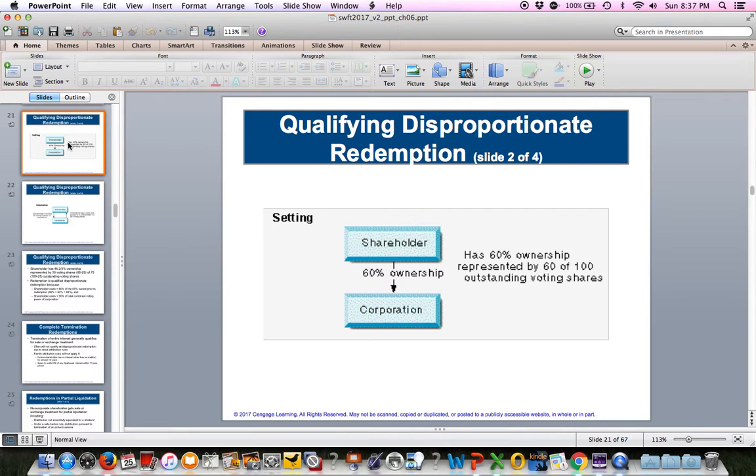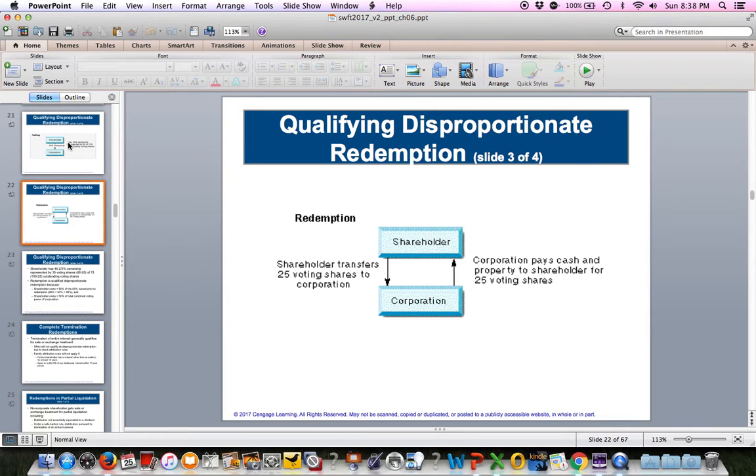So here we have the shareholder with 60% ownership, represented by 60 of 100 outstanding voting shares. So just an example of how you would determine the percent of ownership. And then the redemption: the shareholder transfers 25 voting shares to the corporation, and the corporation pays cash and property to the shareholder for the 25 voting shares.